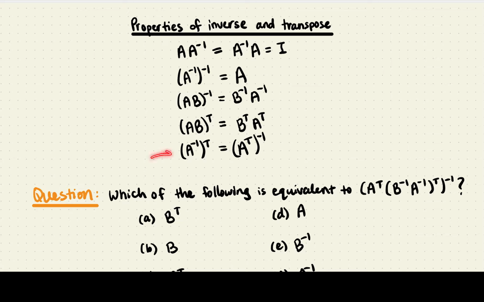All right, and the last property we're going to be concerned with today is that you can swap the inverse and the transpose. So the transpose of A inverse is the inverse of A transpose.